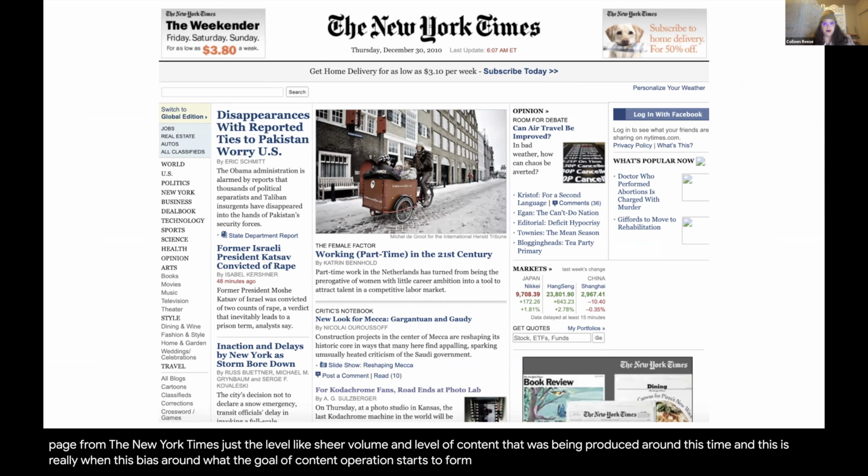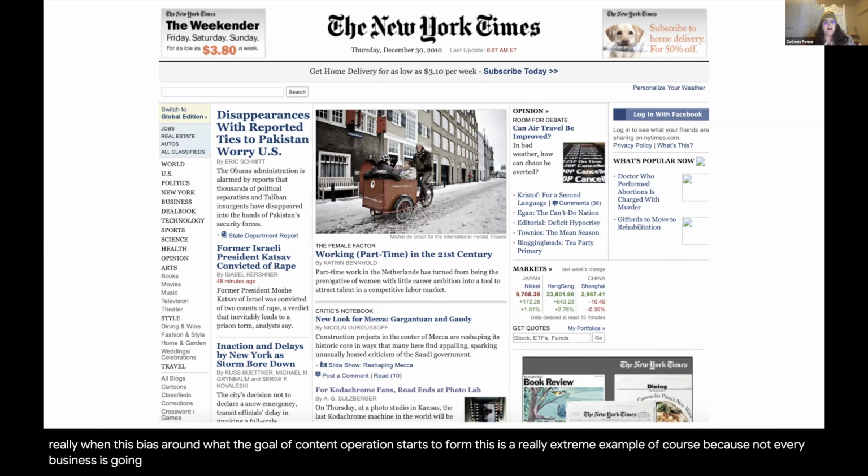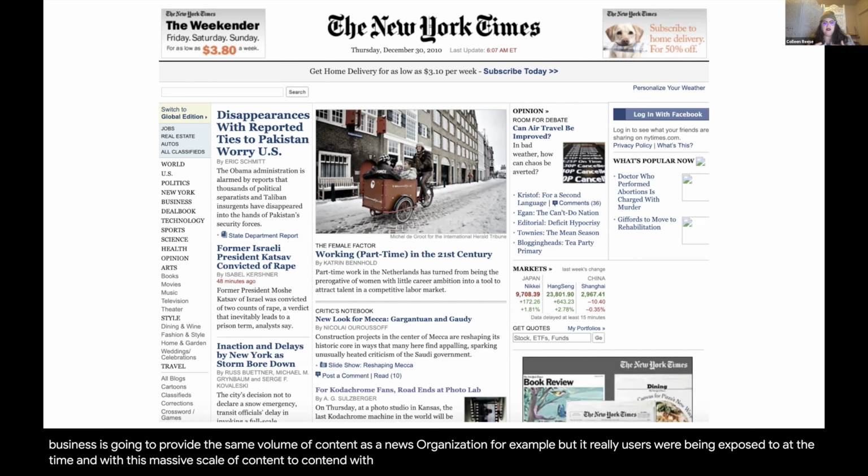This is a really extreme example, of course, because not every business is going to provide the same volume of content as a news organization, but it illustrates just how much content users were being exposed to at the time. With this massive scale of content to contend with, we had to think more about the technology that would help us manage and distribute that content, especially to platforms like social media.